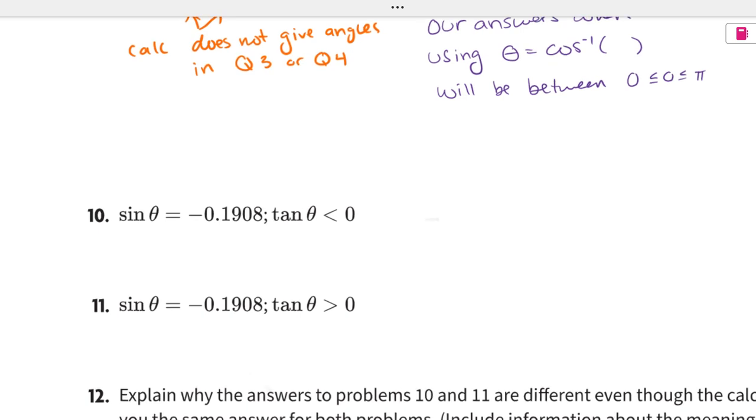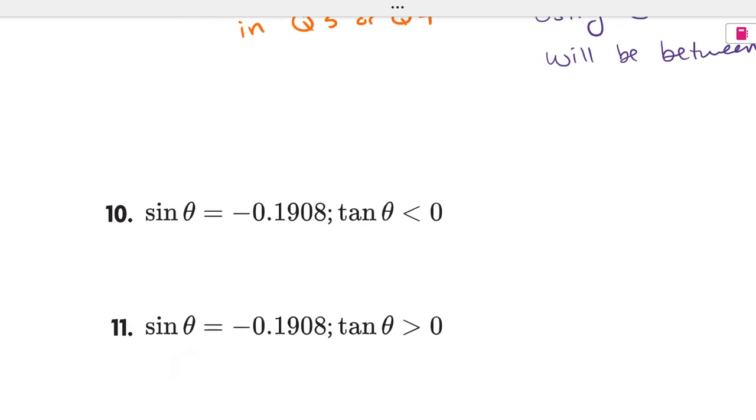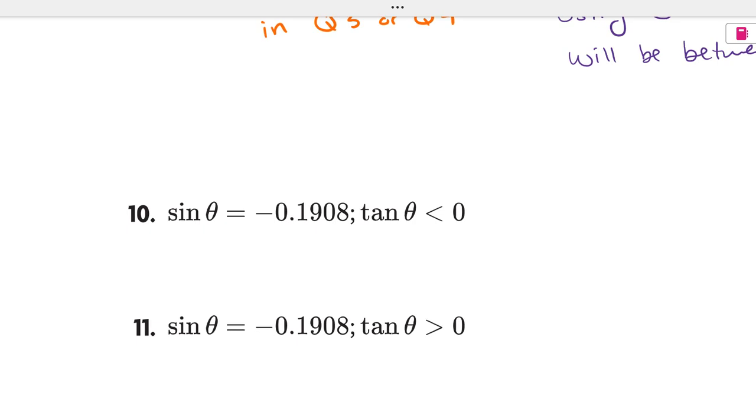So problem 10 says sine of theta equals negative 0.1908, and it tells us that tan of theta is less than 0. So let's first think of what our calculator gives us when we do sine inverse of negative 0.1908.